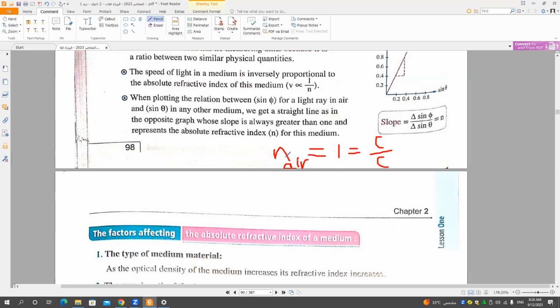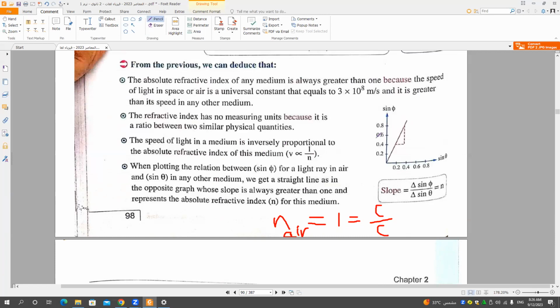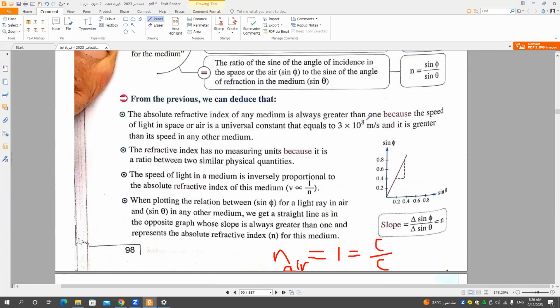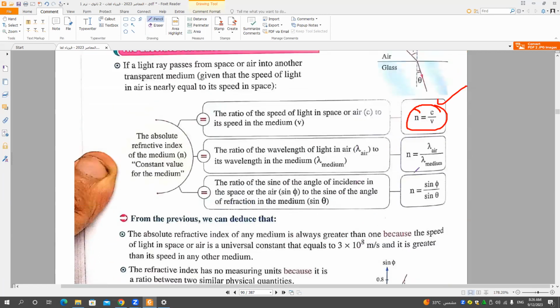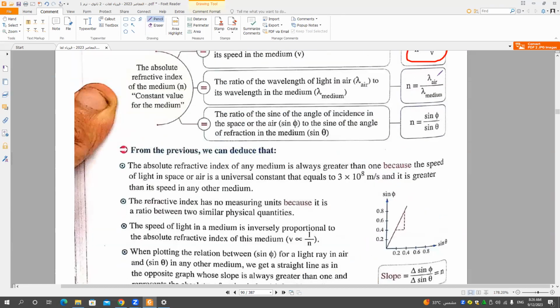But for any other medium, the speed of light will decrease. To make a comparison, it can also be represented by the ratio between the wavelengths.